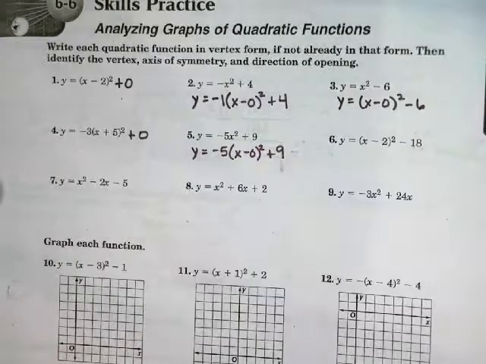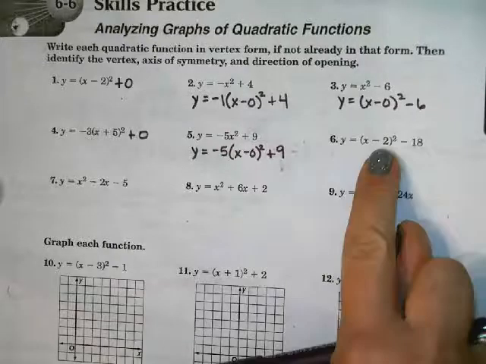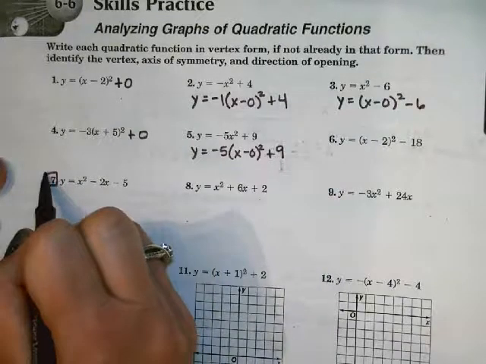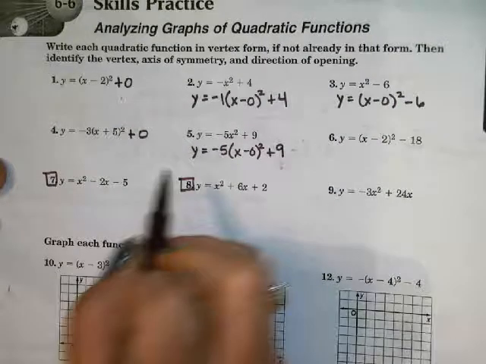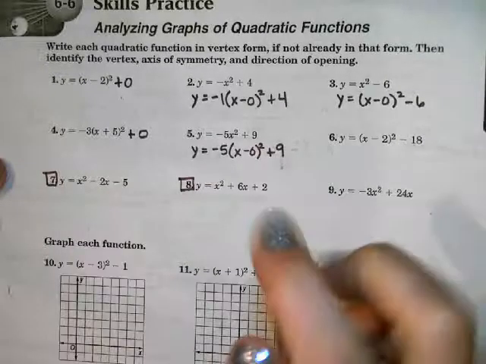So I have -5 times x minus 0 squared plus 9. 6 is in nice, pretty form. 7 is the first one where you have to complete the square. 8, you have to complete the square. See how they have plain old x terms? 9, you have to complete the square.